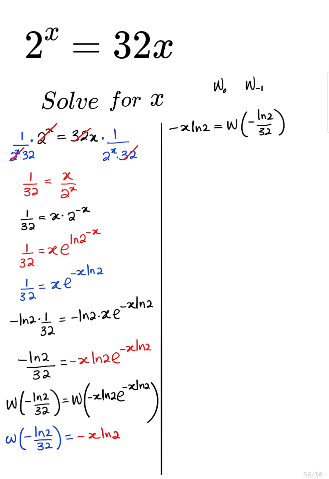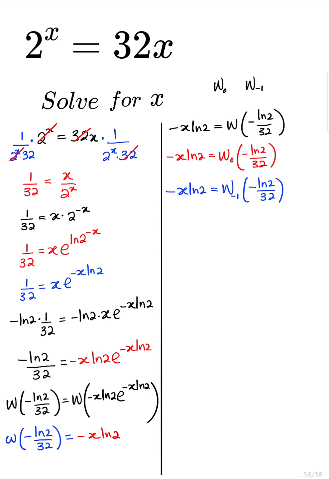So we'll be having two solutions of x. For the principal branch, negative x ln 2 equals W of negative ln 2 all over 32. Now this is the first one. The second one is negative x ln 2 equals W negative 1 of negative ln 2 all over 32.